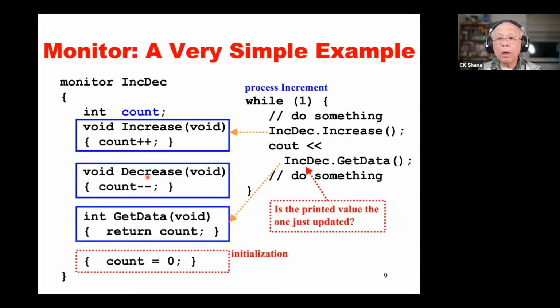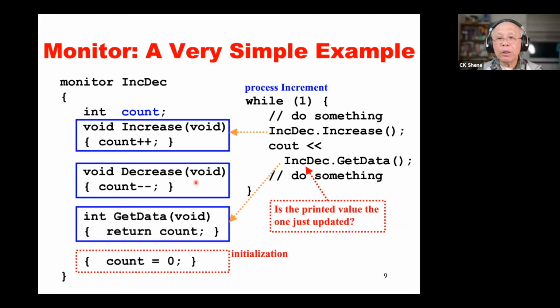Even though I may call get data so fast, that could cause you, who calls decrease, and me calling get data, both of us to compete to get into the mutually exclusive monitor. Who will be successful? Well, nobody knows.